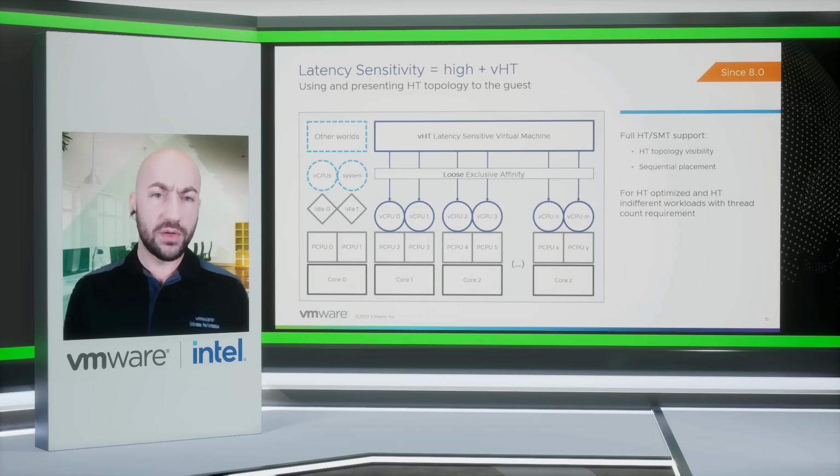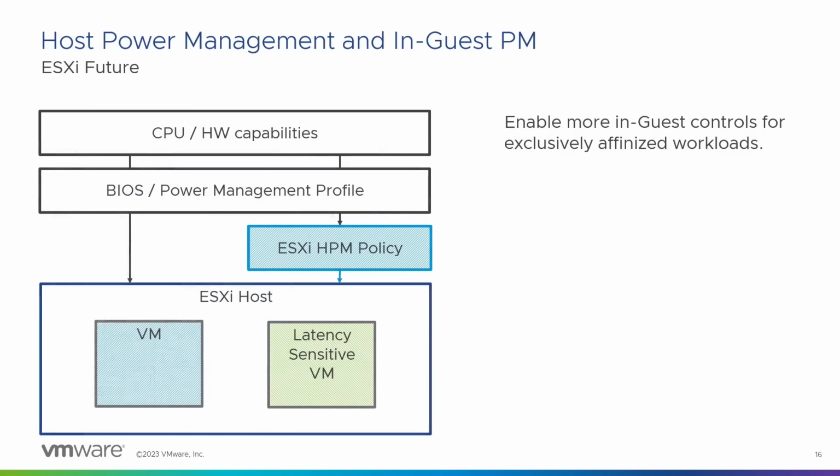So the VM is now aware where it's running, the guest knows that it has hyperthreading, and we sequentially give it the vCPUs to the underlying threads. So if you had a workload that required a certain number of vCPUs, but didn't care about threads or cores, you can now give it half the amount. And again, as I said before, some vendors optimize for HT to give you even more than the prognosed capacity improvement of SMT or HT.